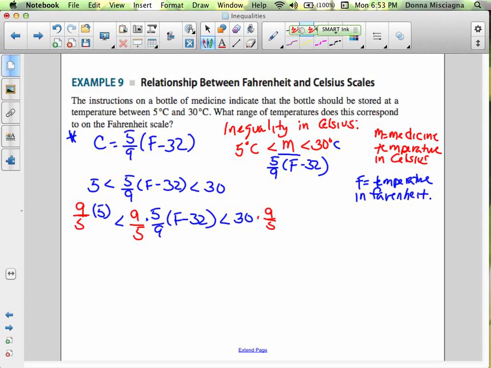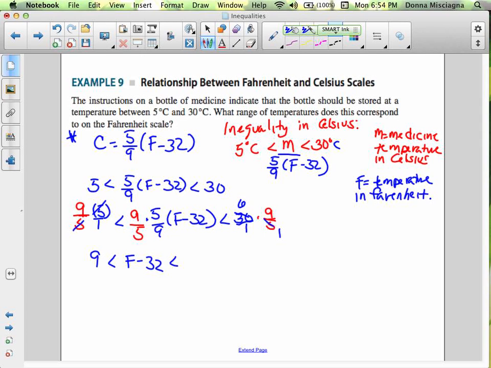All right, so that will cancel. So now we have 9 is less than, of course, the 9/5 and 5/9 will cancel. That will give us F minus 32, which is less than. All right, so the 5 and the 30 will cancel. Nice that they had numbers here that were divisible by 5.